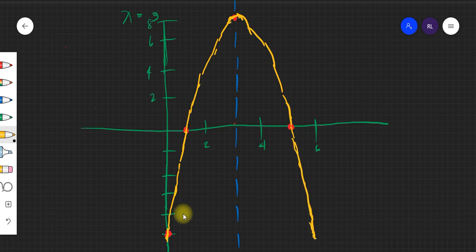So this is what the parabola looks like. It should be a curve, not a line, not each point connected by a line, but the points should be connected by a smooth curve. Okay, so this is our general picture of our graph.